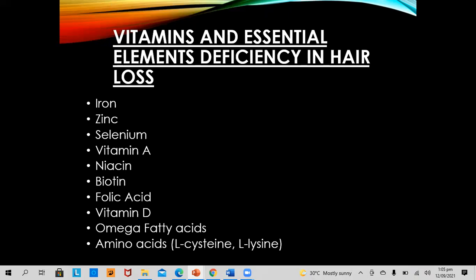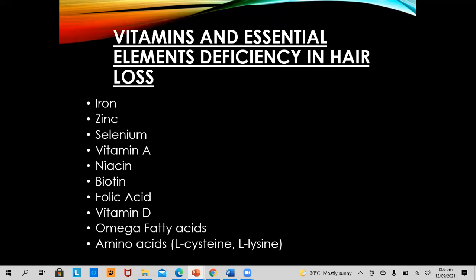Now I have grouped some indications and the cause as far as the vitamin and nutrient deficiencies are concerned. So the vitamins that are essential in case of hair loss include iron, zinc, selenium, vitamin A, niacin, biotin, folic acid, vitamin D, omega fatty acid, and amino acids.